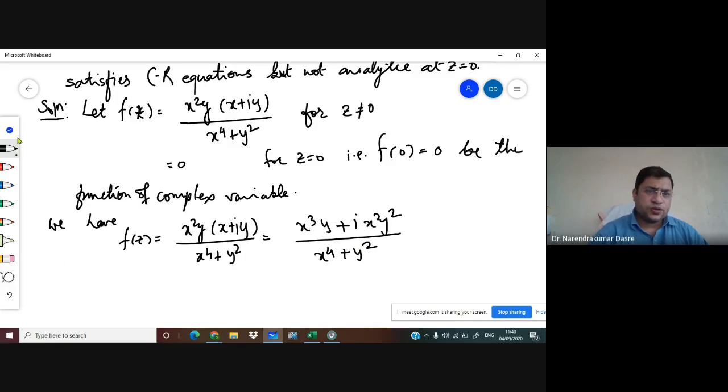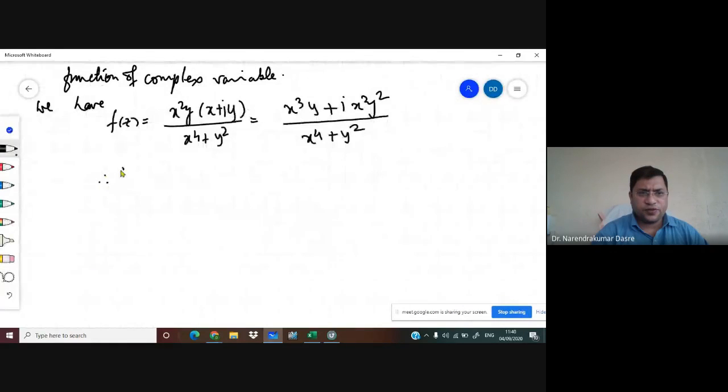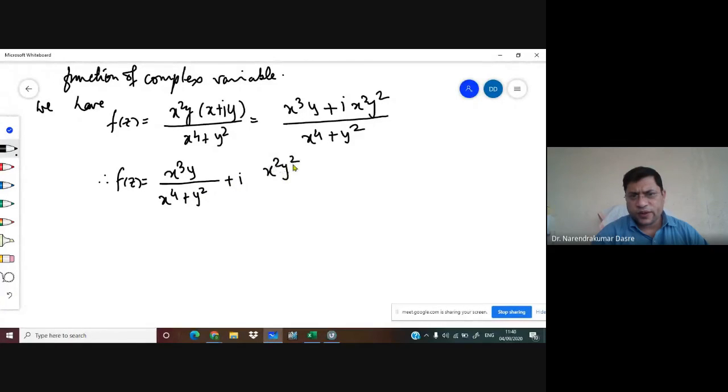So we can write this as f of z is equal to x cube y upon x raised to 4 plus y square plus i x square y square over x raised to 4 plus y square.